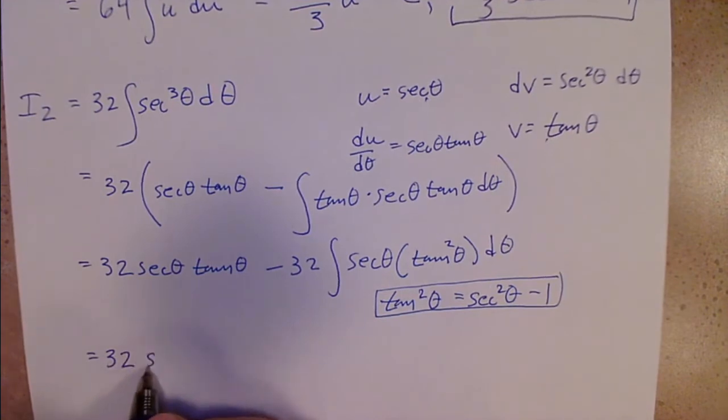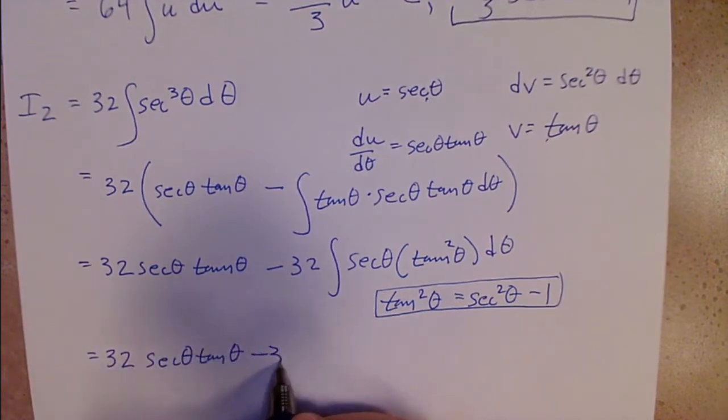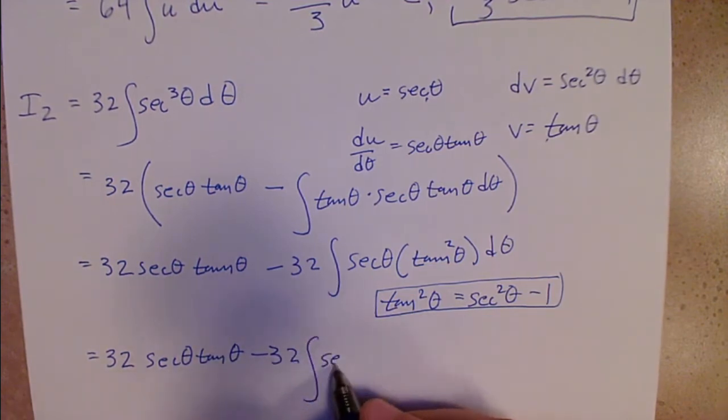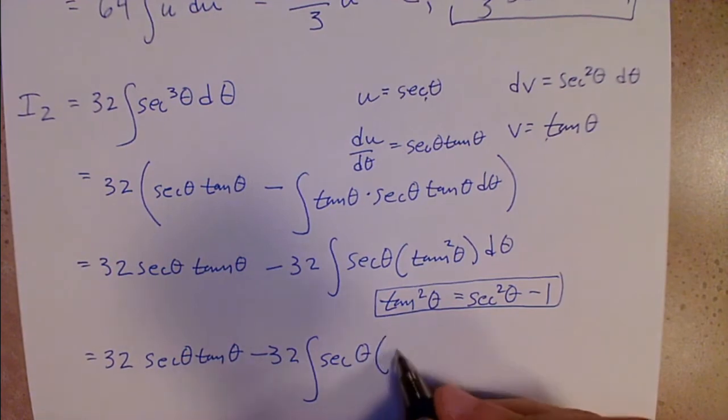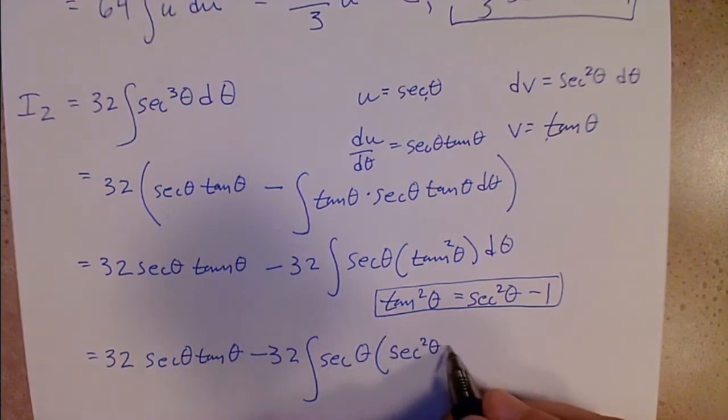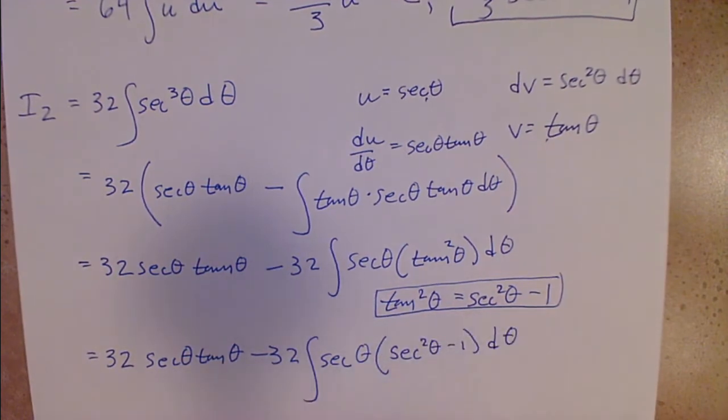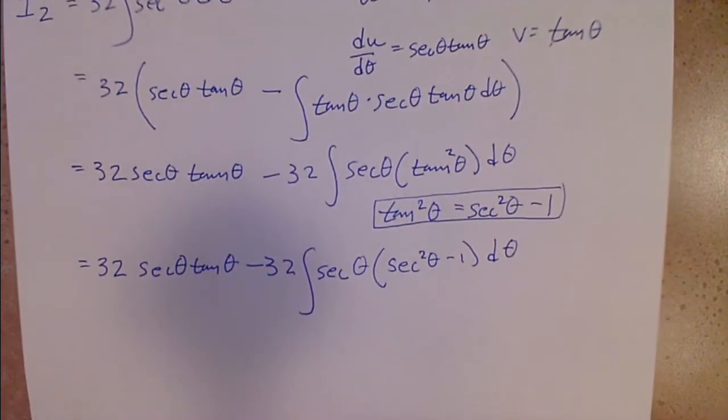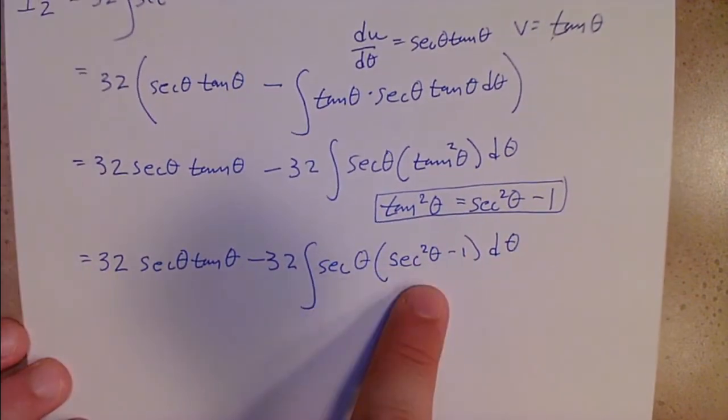So we get 32 secant theta tangent theta minus 32 times the integral of secant theta times secant squared theta minus 1 with respect to theta. Now I'm going to go ahead and distribute this secant theta here.